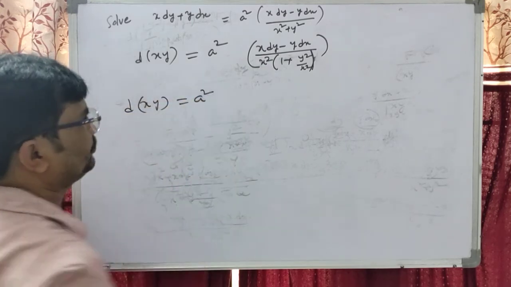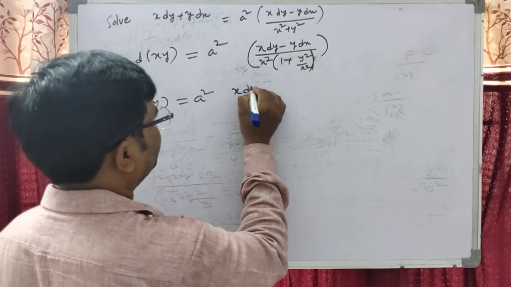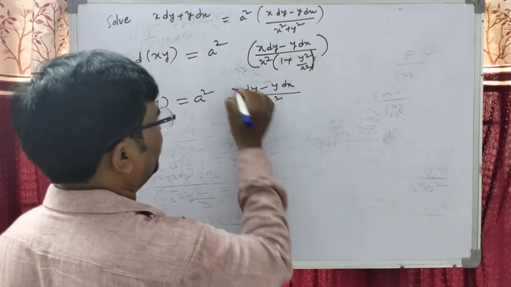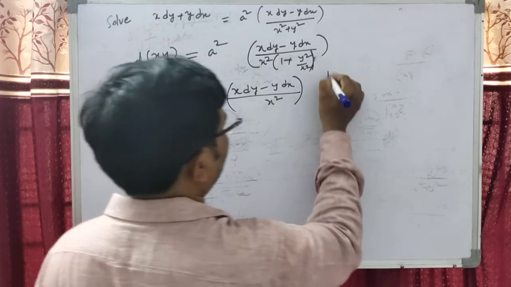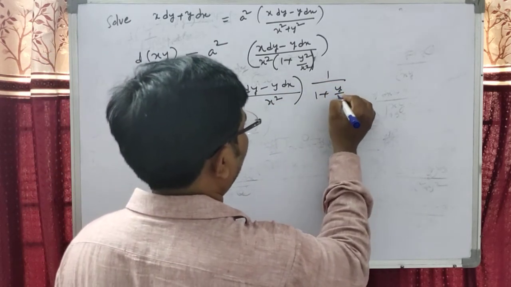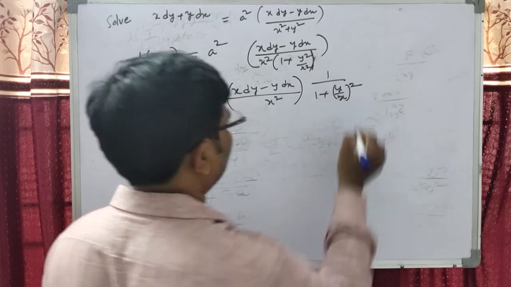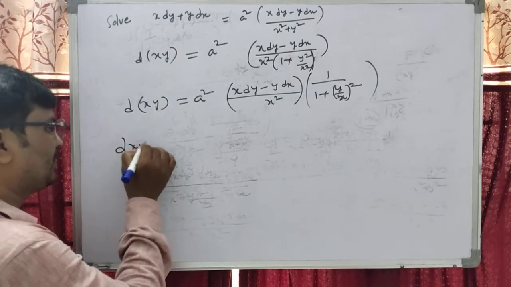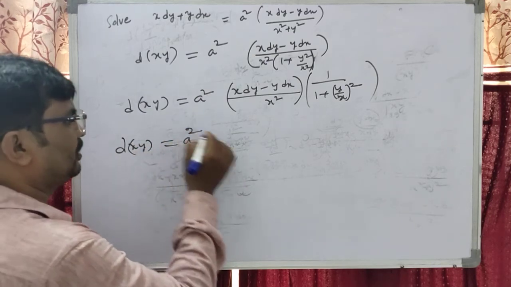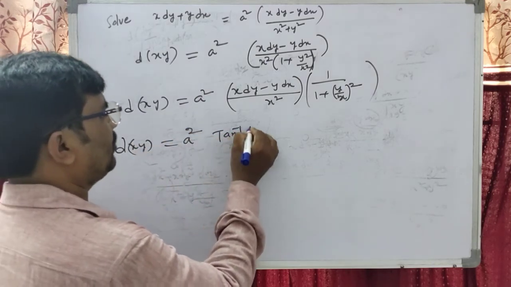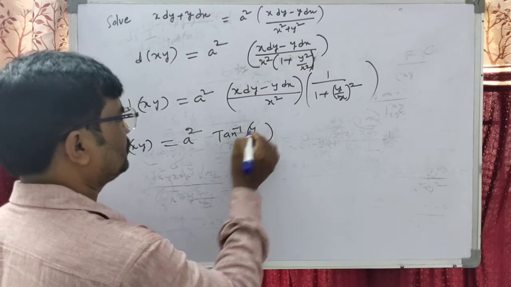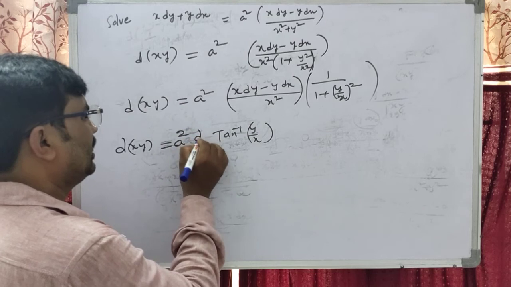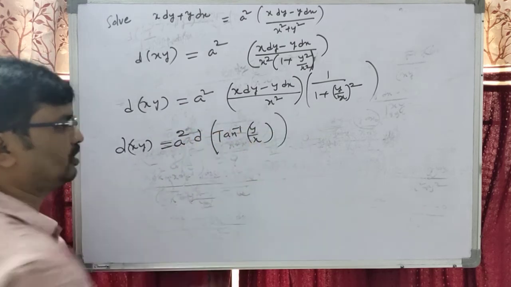The a square into x dy minus y dx upon x square, you can write as 1 by 1 plus y by x whole square. My dear students, the derivative of xy equals a square into the tan inverse of y by x. We have to know, already I explained the right technique, the tan inverse of y by x.